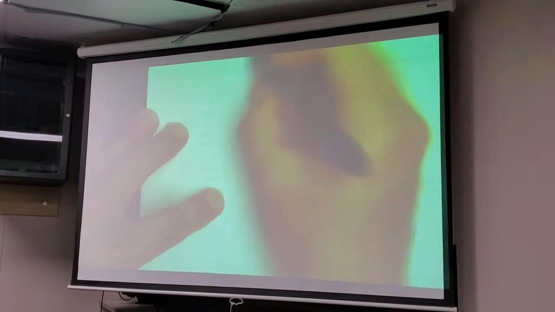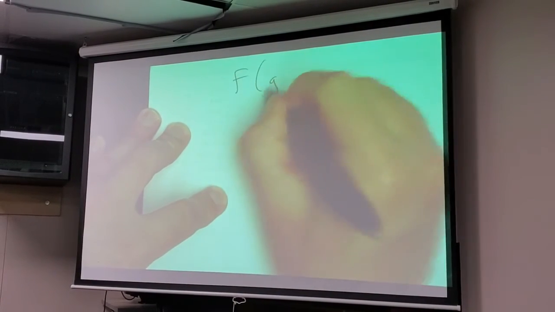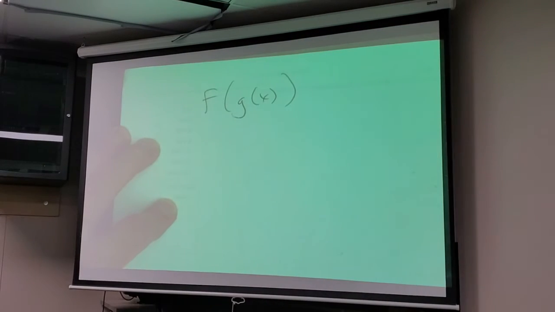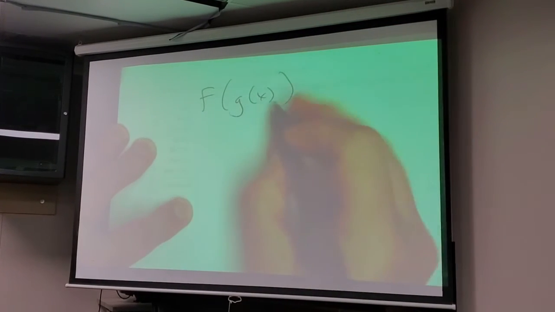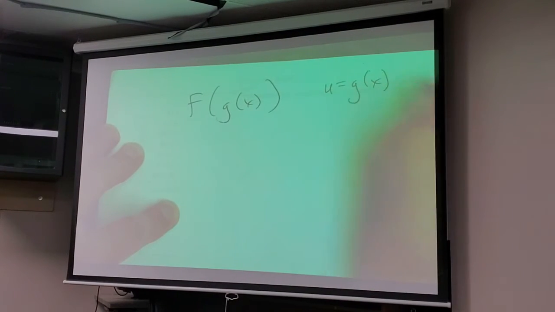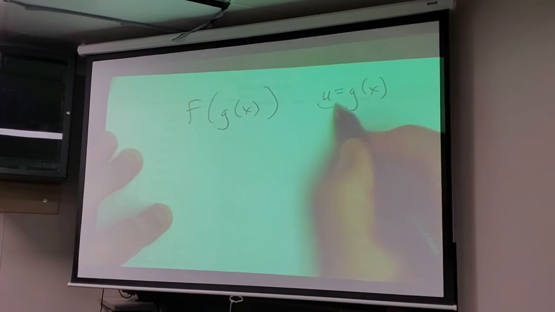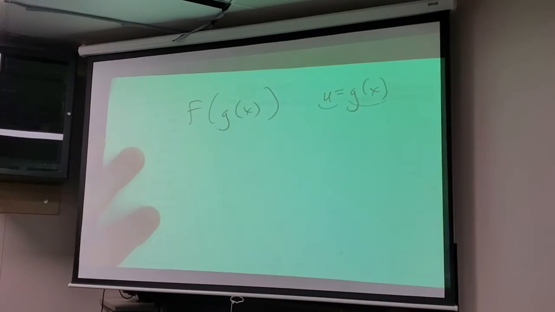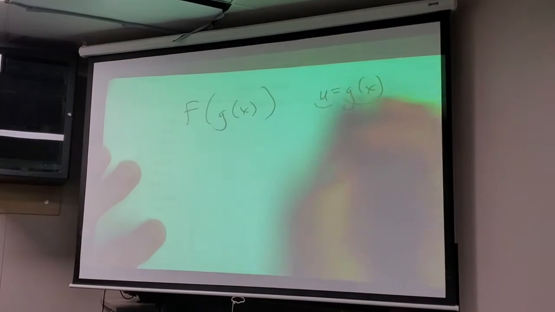Actually, before I do that, let me do this. So there's a couple different ways. So if I have this, okay. So here's the idea. This is a method I don't use a lot, but I think I'm going to show you. If I say u is g of x, so u is a function of x also.